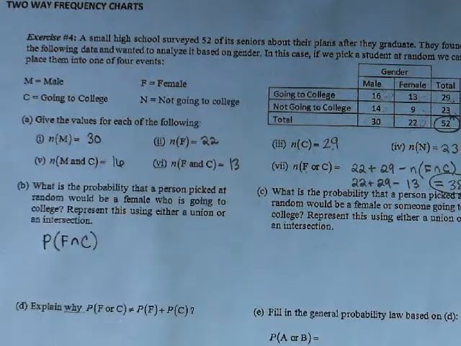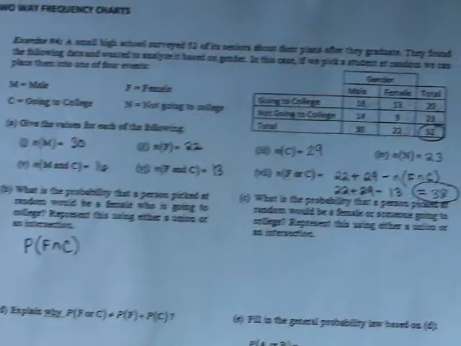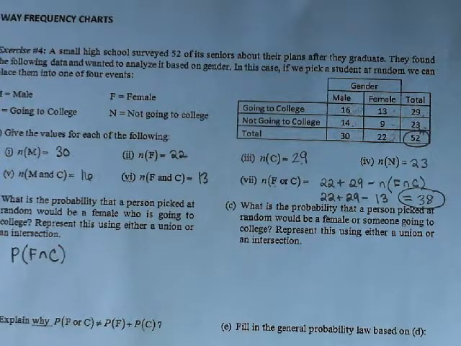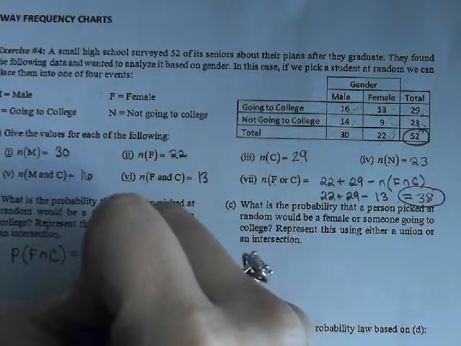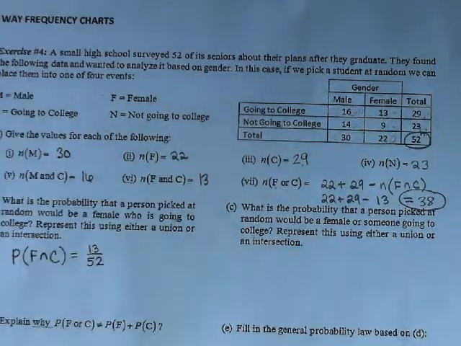How many people are female going to college? 13. So our probability is 13 out of 52. And I represented it with an intersection because we wanted that "and."